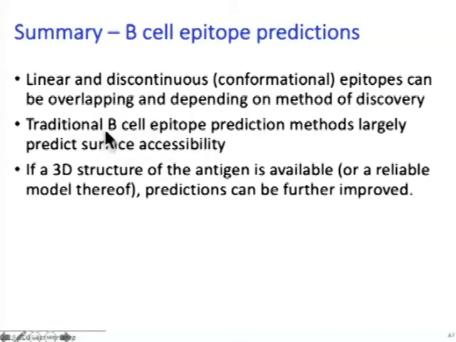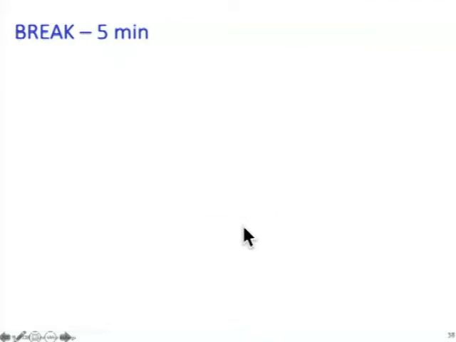The traditional B-cell epitope prediction methods, such as hydrophilicity scales, are to a large extent predicting surface accessibility of regions in the protein. If you have the 3D structure of the antigen, that is definitely the preferred way to go to predict epitopes, and predictions can be further improved.